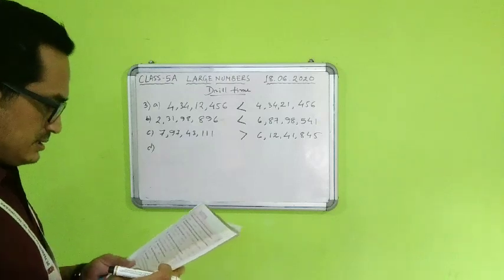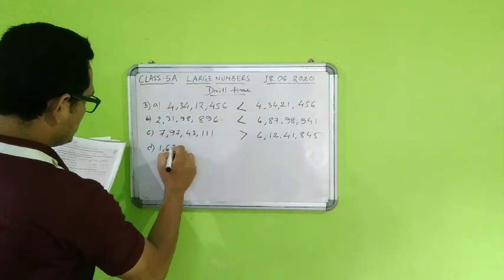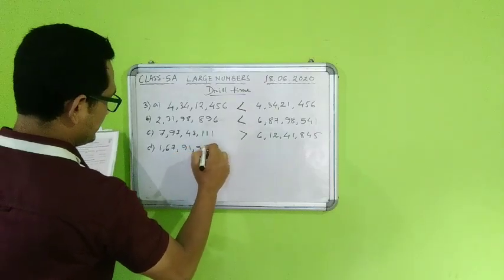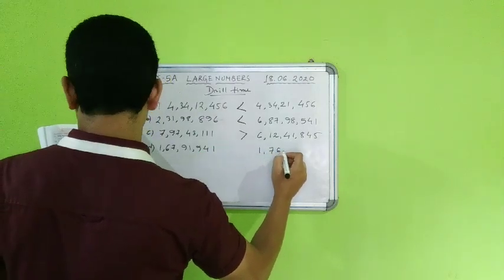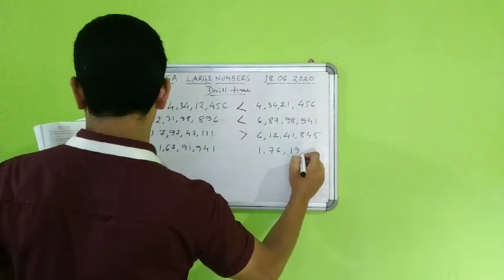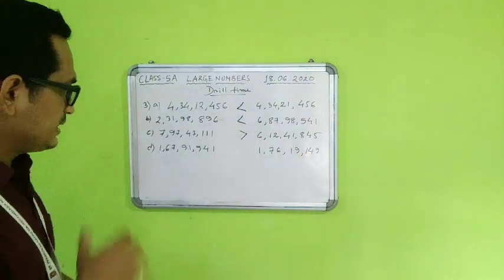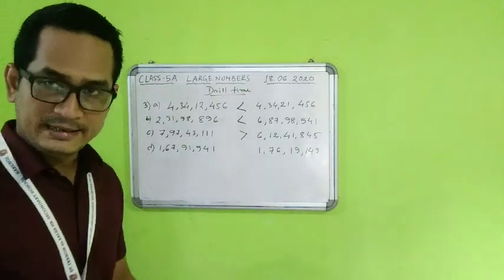Now the last one, number D, that is 167 91 and 941, and here it is 17619 149. Now in this case students, again we can see that it is 8 digits and this is also an 8-digit number.